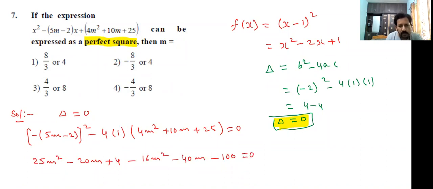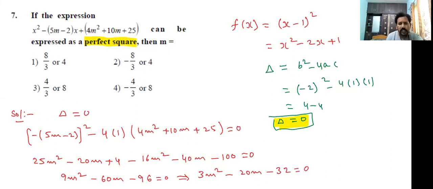Students, 25m square minus 16m square, that is 9m square, minus 60m, 4 minus 100, 96 is equal to 0. Here, take 3 common, we get 3m square minus 20m minus 32 is equal to 0.